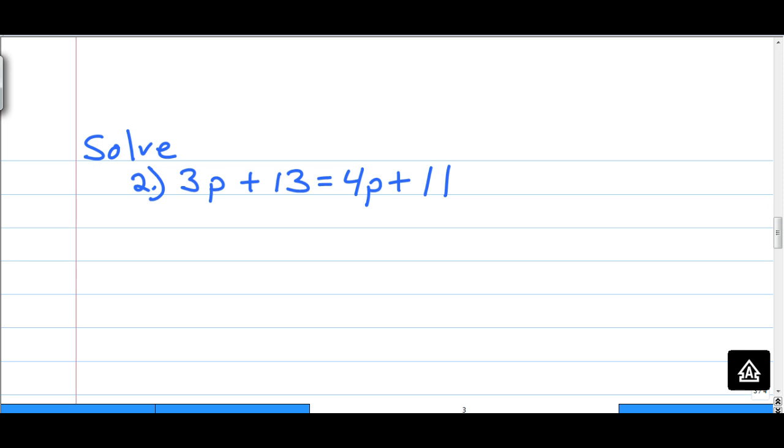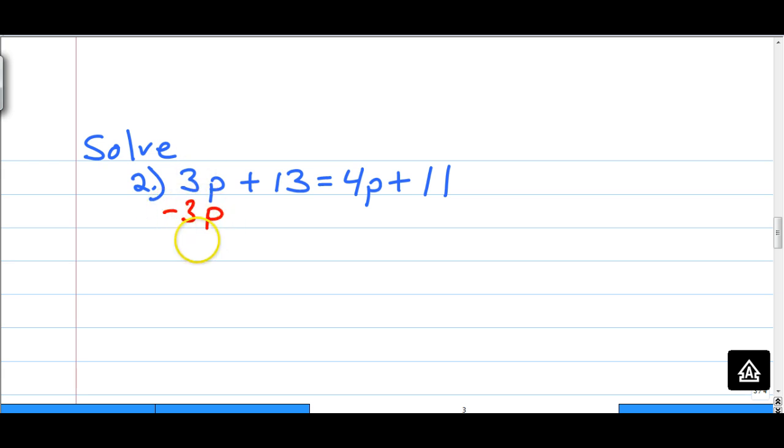The only suggestion we have here is to look at the variables first and decide which one you would want to add to avoid creating a negative. In this case, we want to add the negative 3p to both sides.